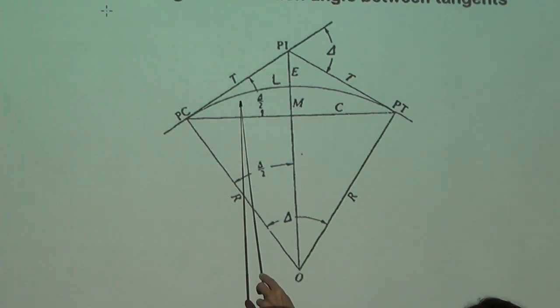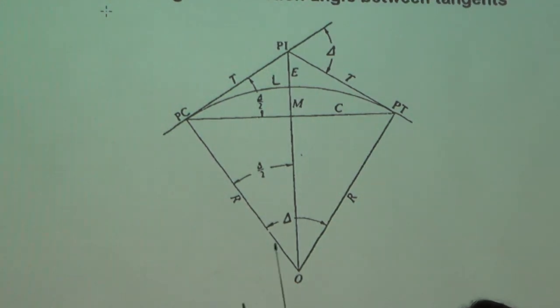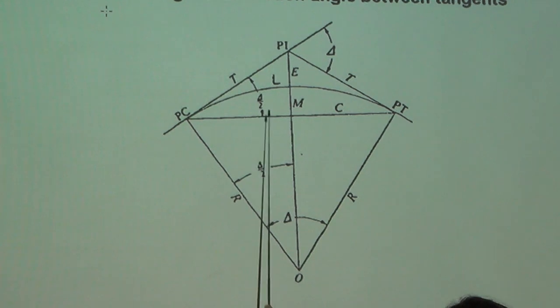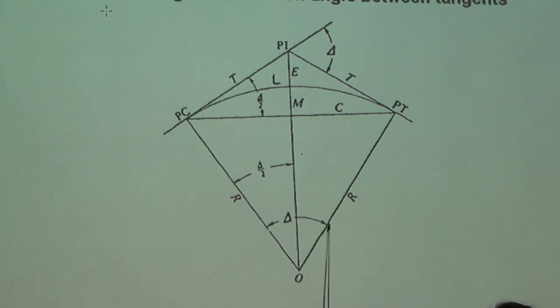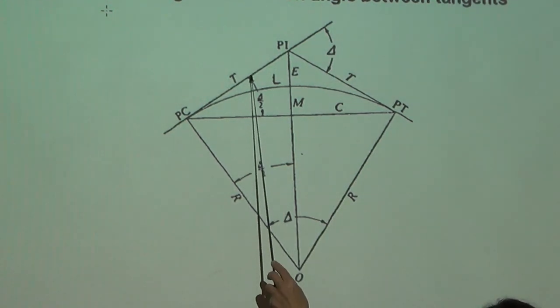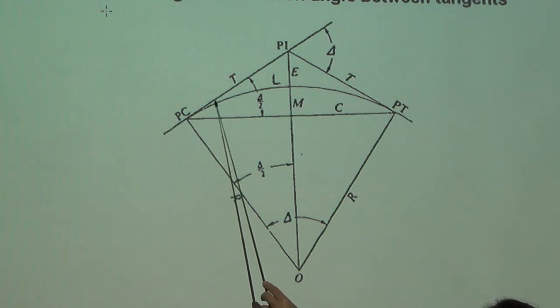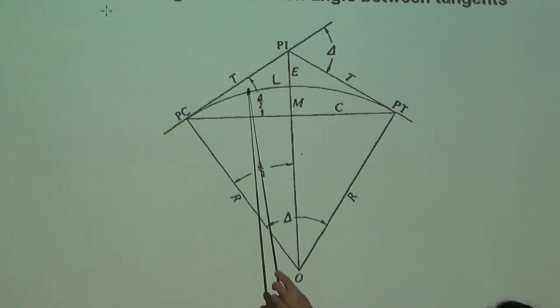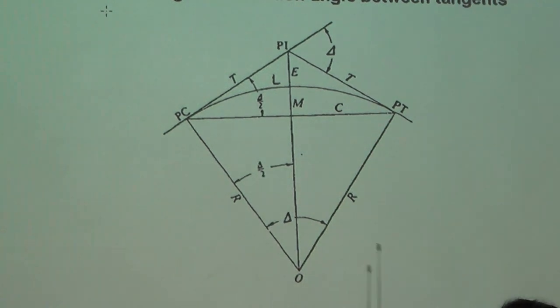And the deflection angle is little delta, and I'll show you what the symbol is for it. So it's half the included angle. Even though we learned that this delta here and this delta here are the same values, the angle between the tangent and the chord to the end of the curve is equal to half of the interior angle.